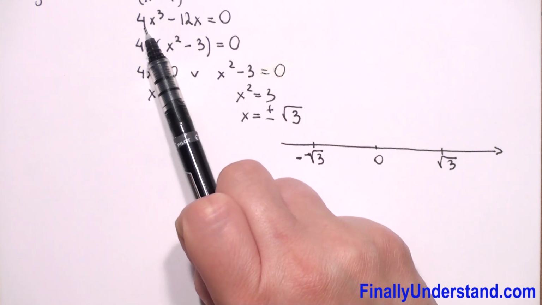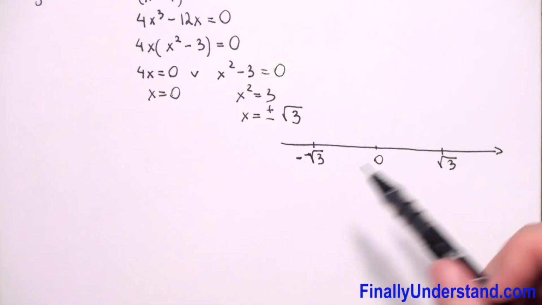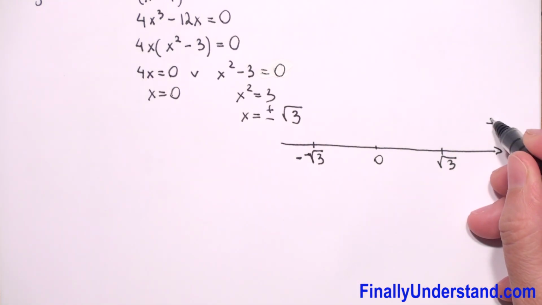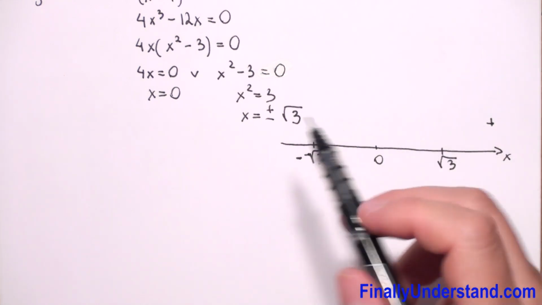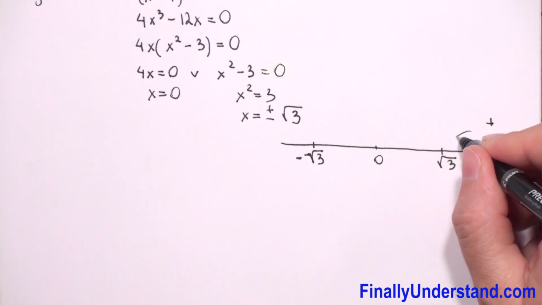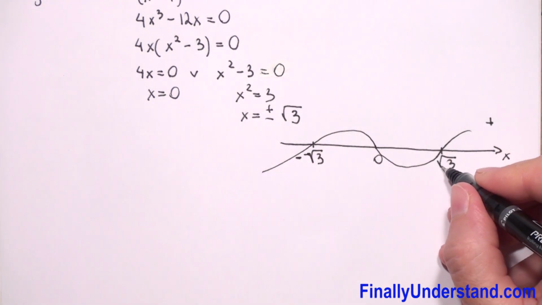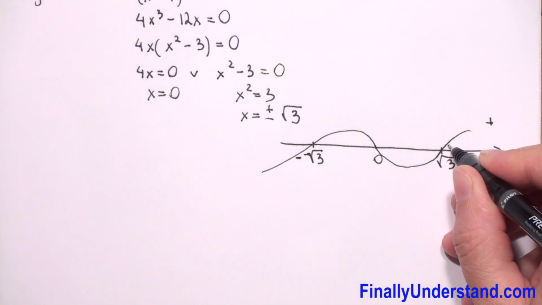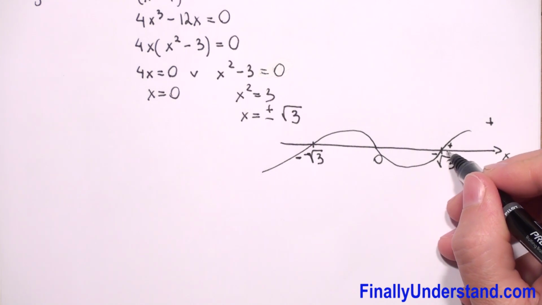X to third has positive value. It means we will start to draw the graph from positive values. Above x-axis we have positive values and every root is single. So we just pass this point and we see for square root of 3 we change the sign from positive to negative. So everything is okay.